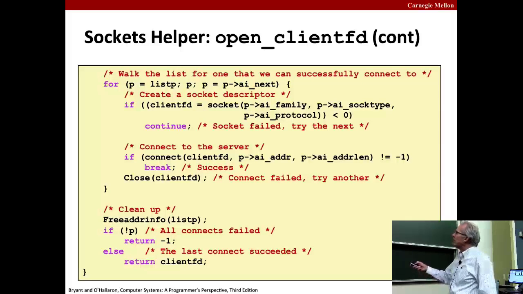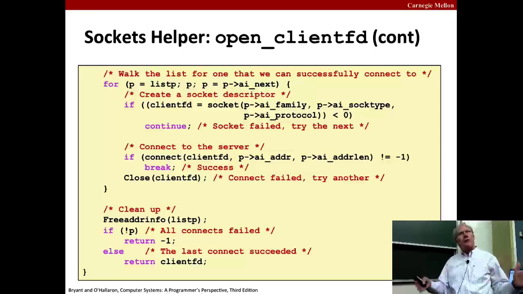And then, as I mentioned also last time, socket actually returns to you a file descriptor. You recall a file descriptor is just a small integer, starts with 0, 1, and 2, and then it goes up from there.